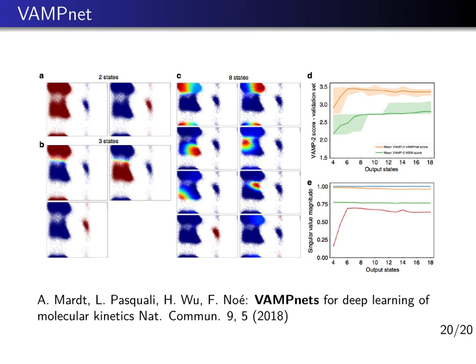And of course, if we use too few states, then we will somehow get underfitting. We will get a poor VAMP score. If we use too many, then at some point we will overfit and get also a reduction of the VAMP score. For this, of course, we have to define for how many dynamical processes we want to maximize the VAMP score.